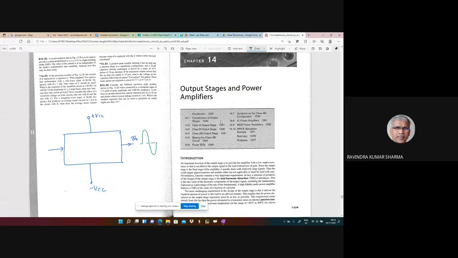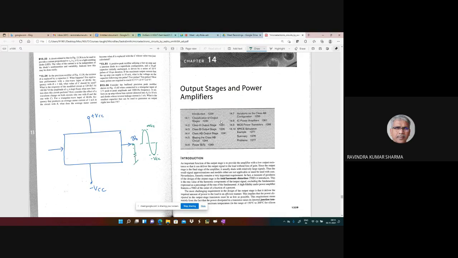That's the maximum that we get from the output. So here it's going to be plus VCC, and here it's going to be minus VCC.